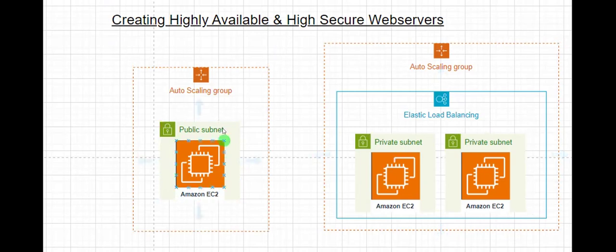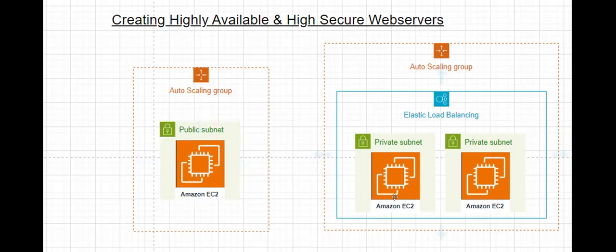Previously, my server was in a public subnet, but now, due to my requirement of high availability, since if I host my server in a single availability zone and it goes down due to some disaster, I have a responsibility to provide high availability. So to provide high availability, I'm creating my servers in two availability zones.